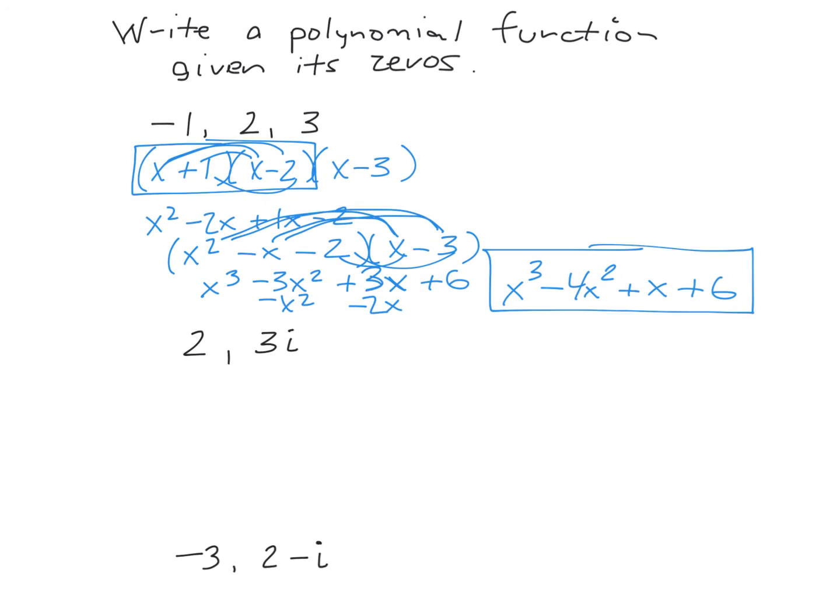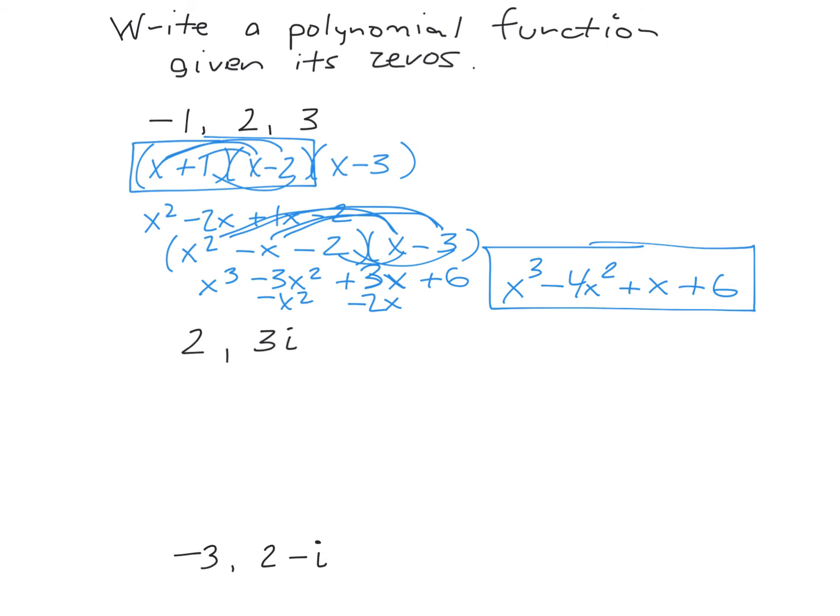Now, if one of the zeros is imaginary, so in this next example I'm saying that 2 is a zero and 3i. But we've learned that these imaginaries must come in pairs, so therefore I must have negative 3i. Now, my factors would be x minus 2, x minus 3i, and x plus 3i.